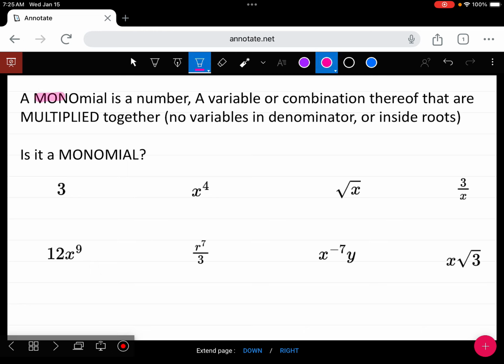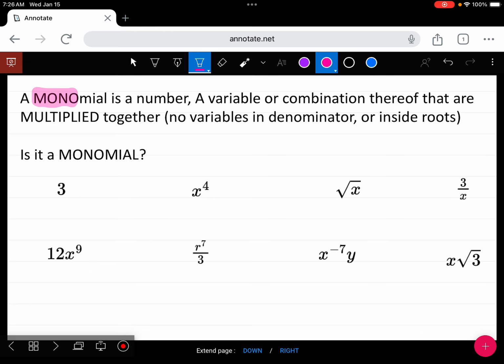So this is one variable. It can also have a number. These things can be multiplied. It can be a number, a variable, or a combination thereof that are multiplied together. So we can have numbers, we can have letters, we can have numbers times letters.